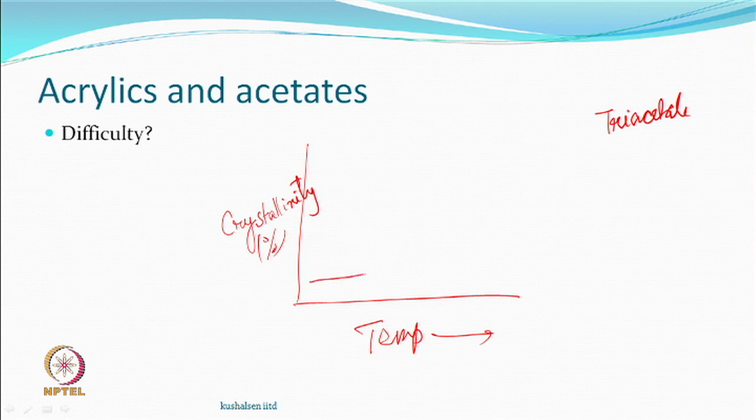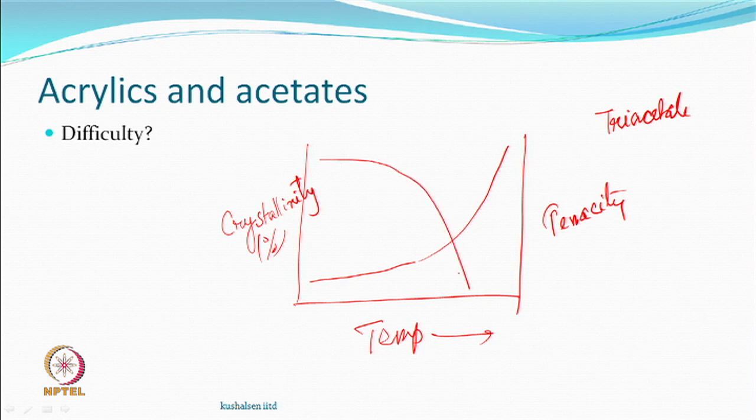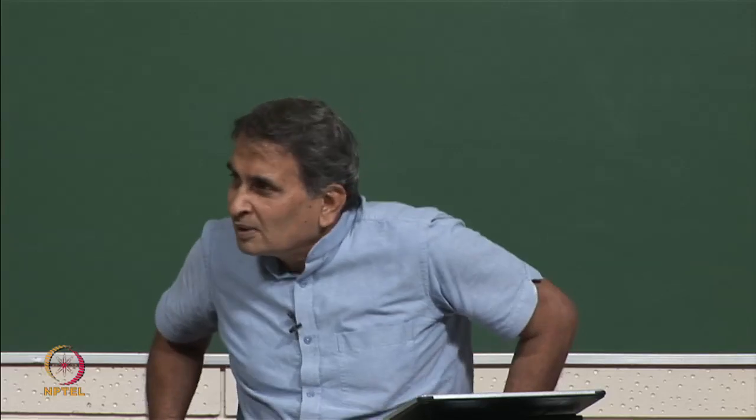The crystallinity does not develop very easily, and then it develops. So, you can be sure, oh, crystallinity is developing, no problem. That means we can get setting by release of energy. But if you have tenacity as another measure, the tenacity goes and dips like this. So, when the crystallinity starts rising, the tenacity starts falling also badly. So, while it is thermoplastic material, it still cannot be very easy.